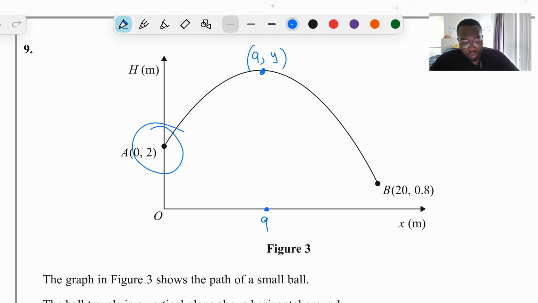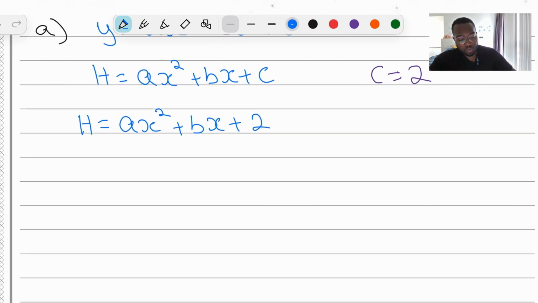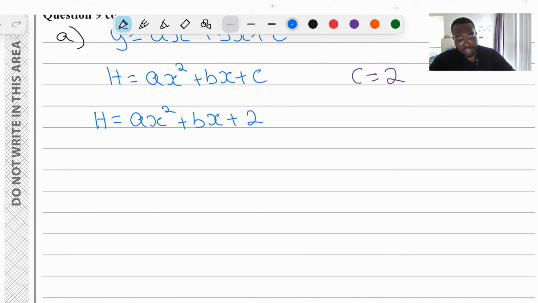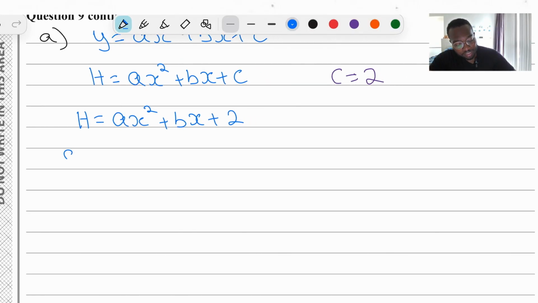We know that's at x equal to 9 because they tell us that in the question. So if we differentiate this, we get dh over dx equals 2ax plus b, and that must equal 0.